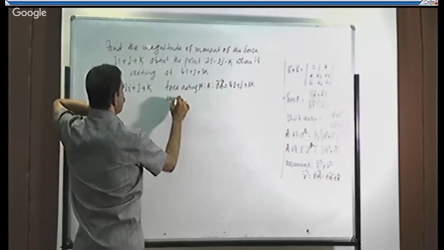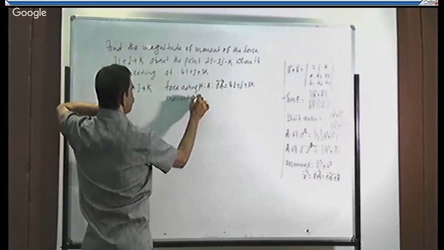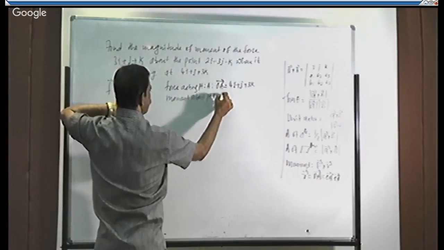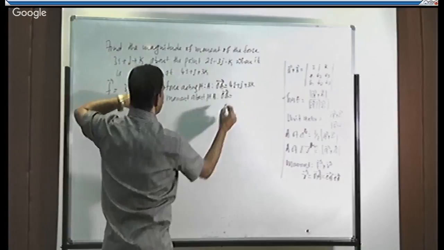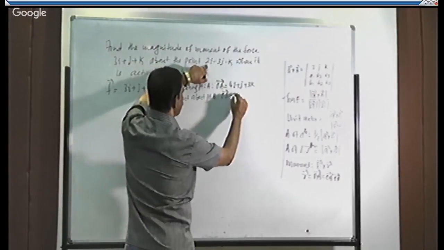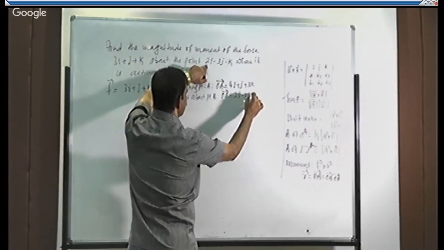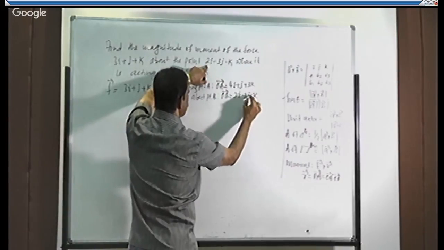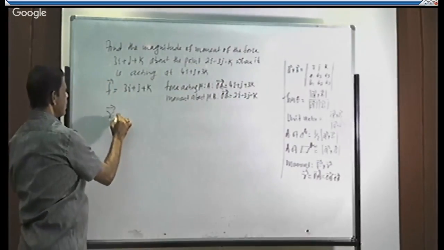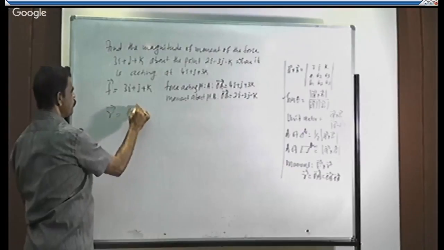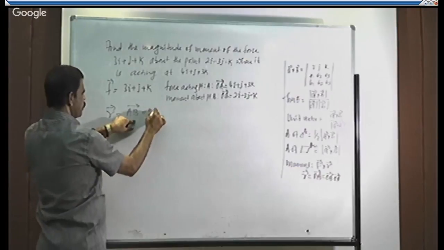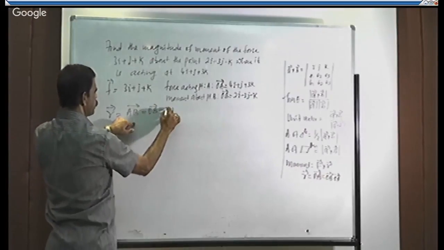So moment about point. Moment about which point? B. They have given its position vector OB. About the point whose position vector is 2i minus 3j minus k. First, get the r value. What is r? R is the distance AB. According to position vectors, AB is equal to OB minus OA.